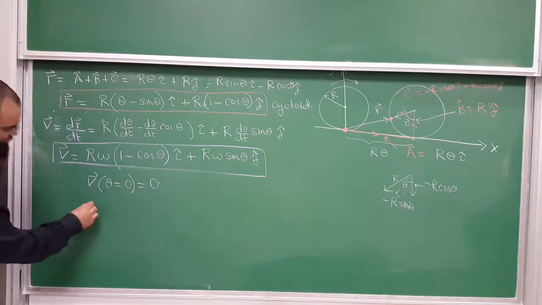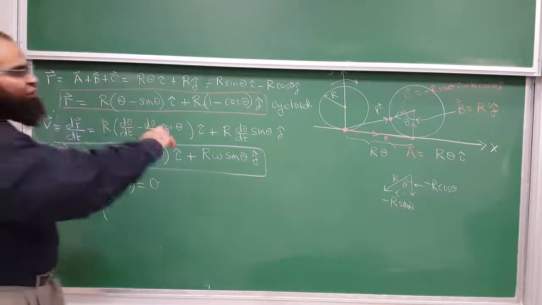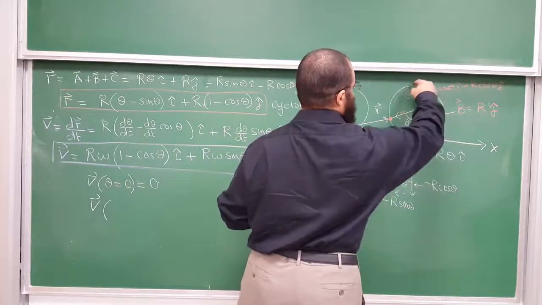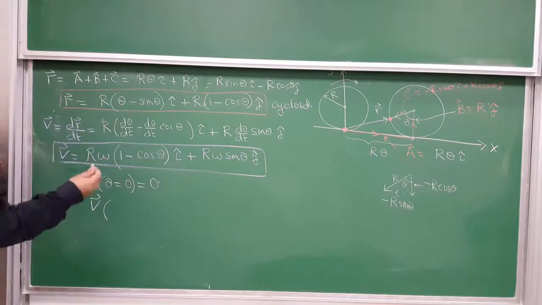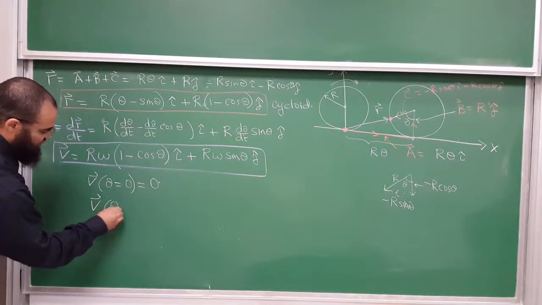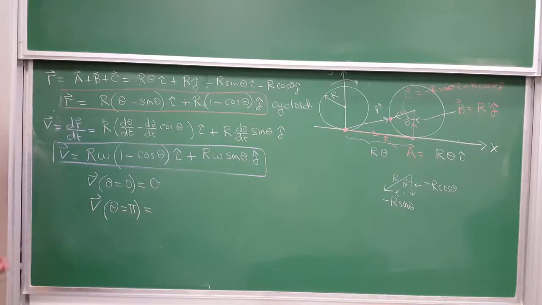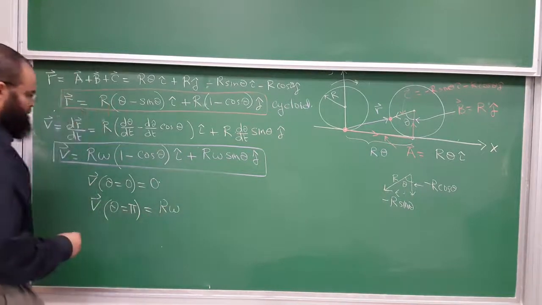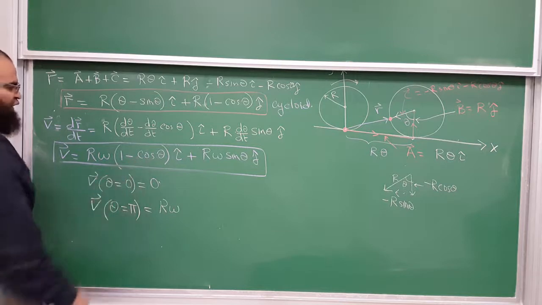So what's the velocity of the point when it's at the top of the circle? At the top of the circle, it means it turned by a pi. When theta is equal to pi, this point will be at the top of the circle. Or 3 pi or 5 pi. So when theta is pi, what do we get? Well, you get r omega, and then, what is the cosine of pi?